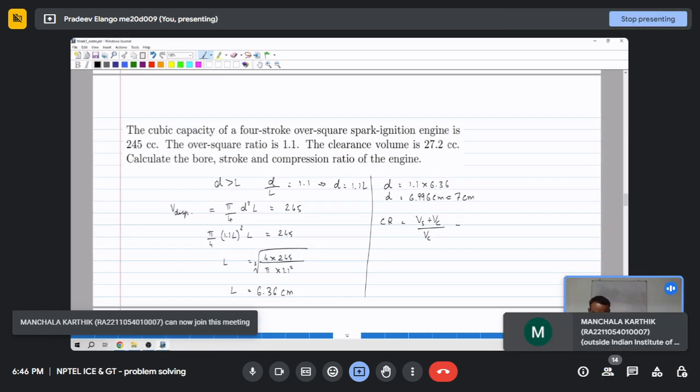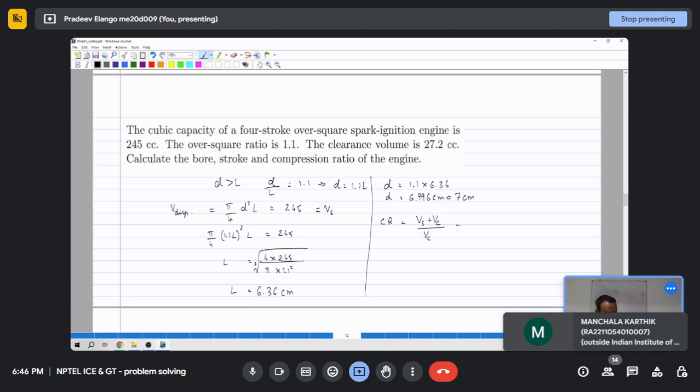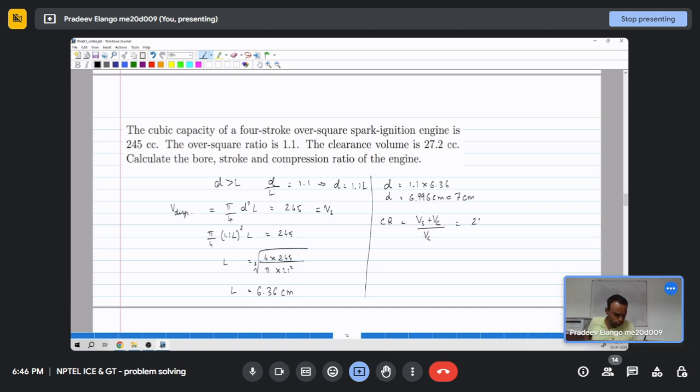V displacement is also swept volume. So swept volume is 245 and clearance volume is 27.2.